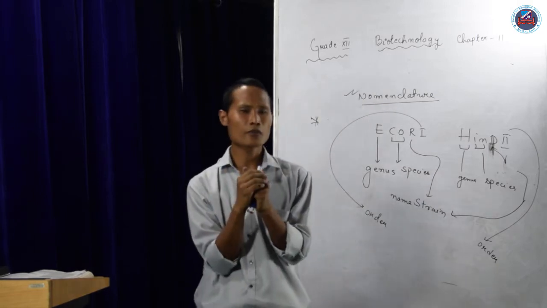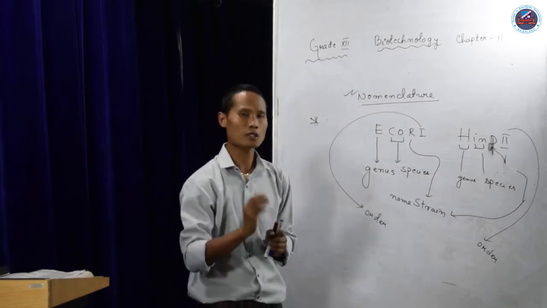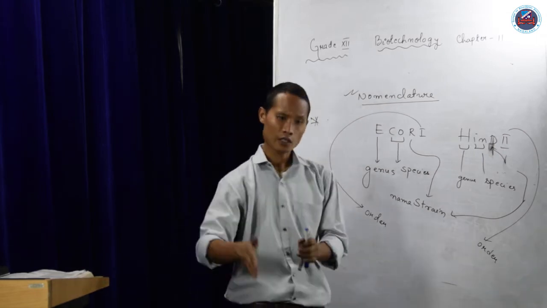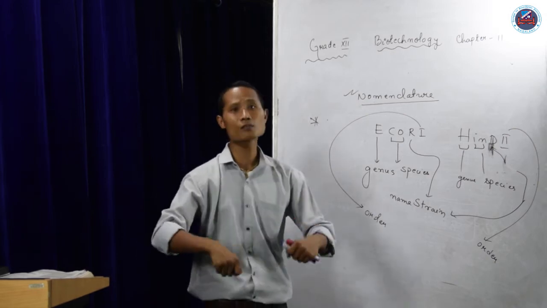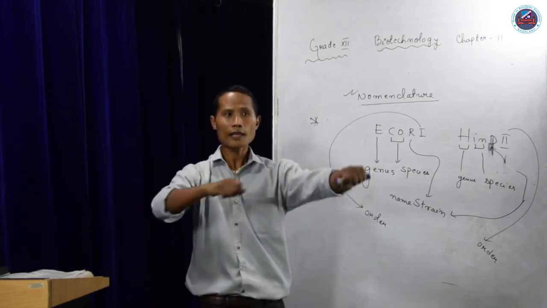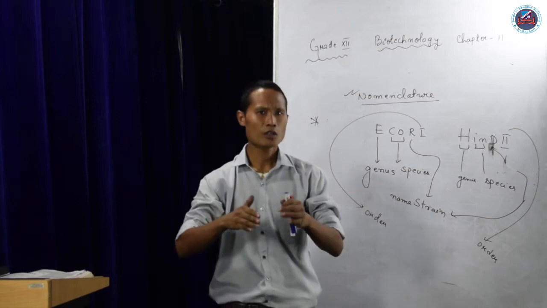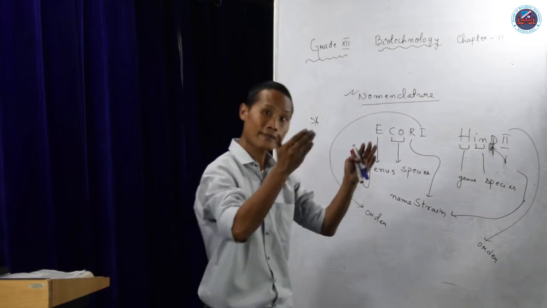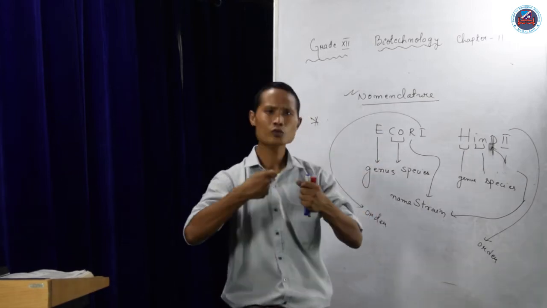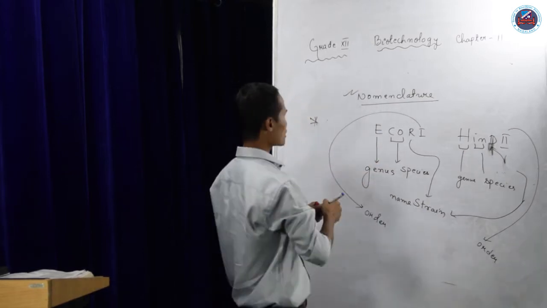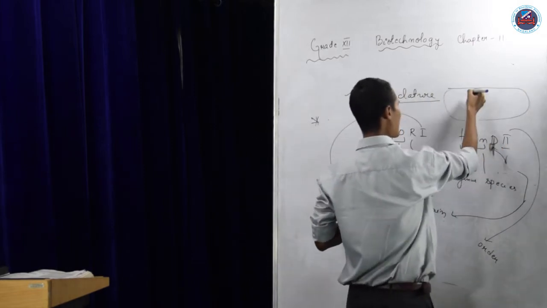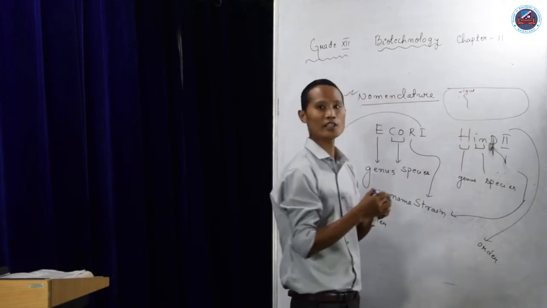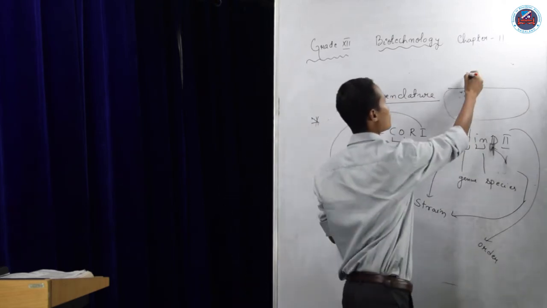The discovery of this restriction enzyme was done by Arber, who saw this restriction enzyme in E. coli as a defense mechanism. When a virus attacks a bacterium, the virus will release its genetic material. Just say that this is bacteria, and this is virus.